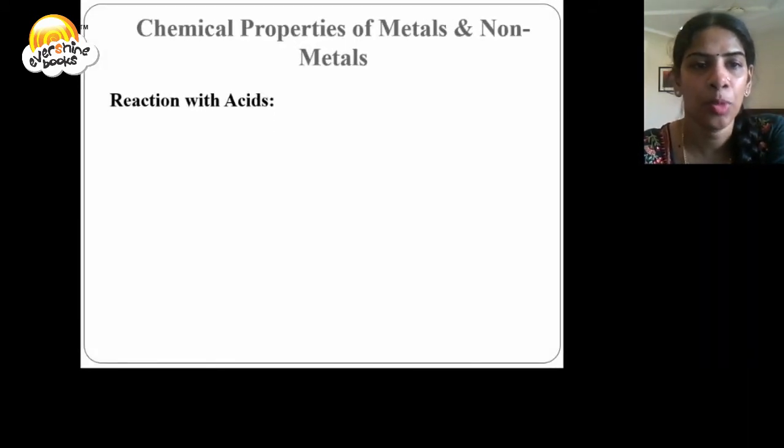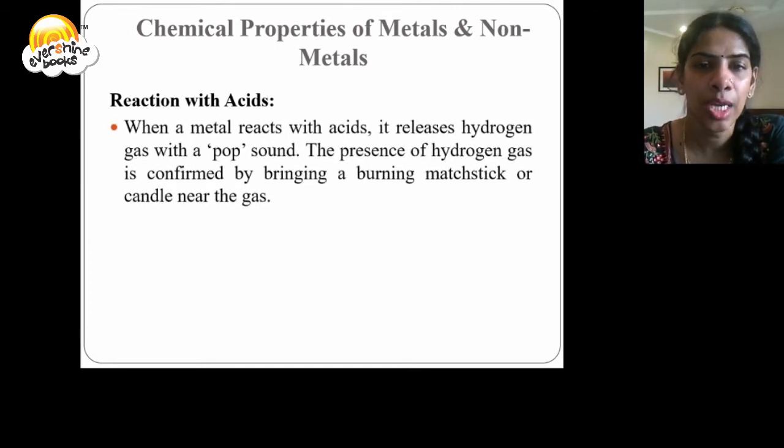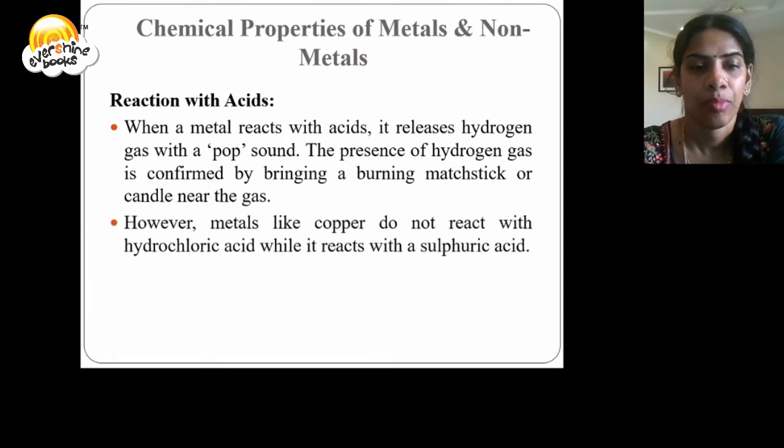The next chemical property is the reaction with acids. When metal reacts with acid, it releases hydrogen gas with a pop sound. The presence of hydrogen gas is confirmed by bringing a burning matchstick or candle near the gas. However, metals like copper do not react with hydrochloric acid.